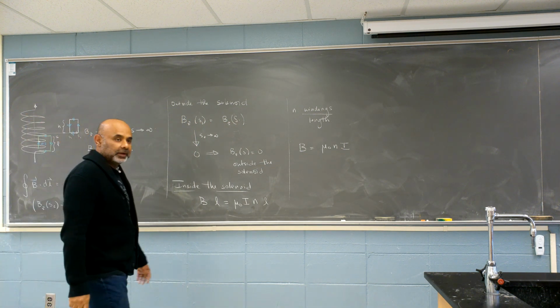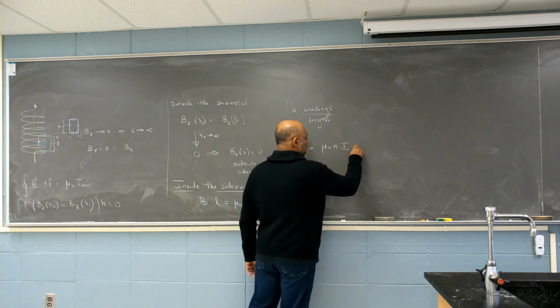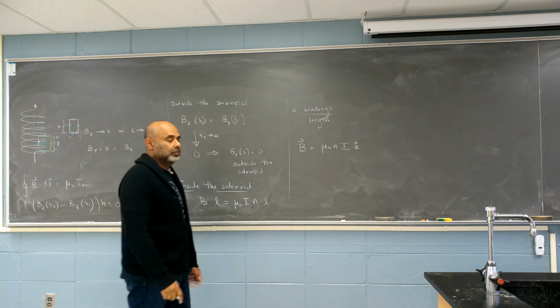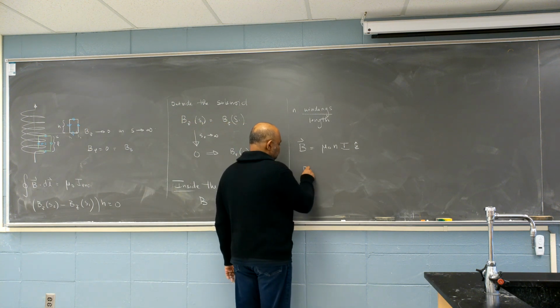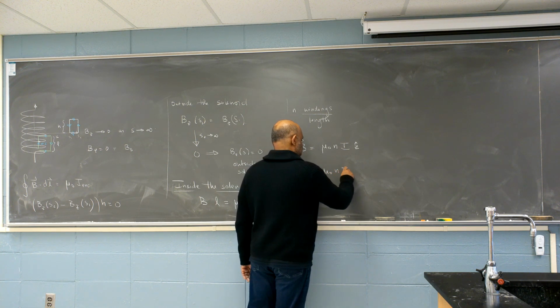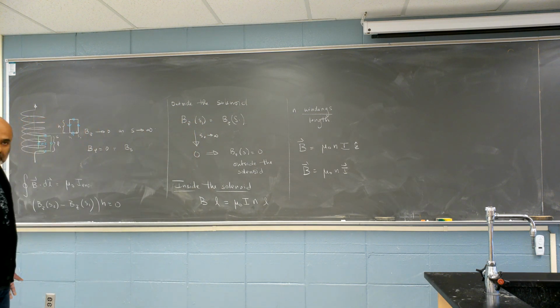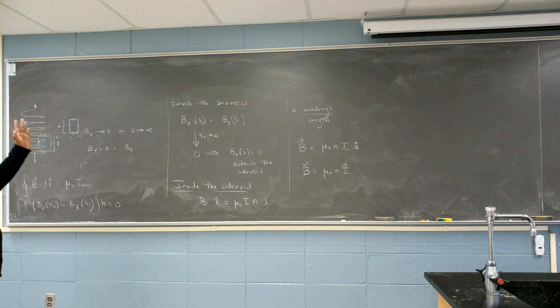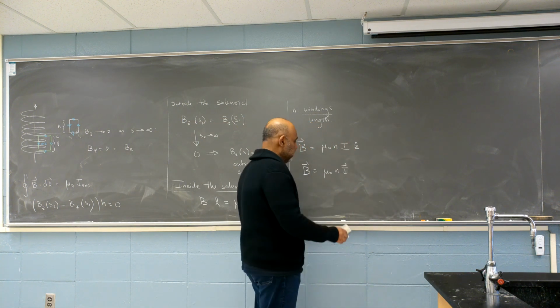If I want to write it vectorially, for this particular configuration, sometimes Griffiths even writes it that way. That's not fair. No, let's not do that because the current itself is in the phi direction.